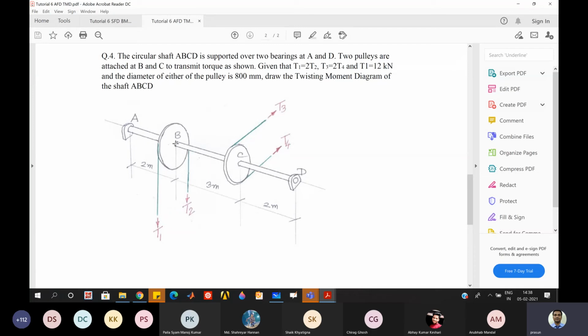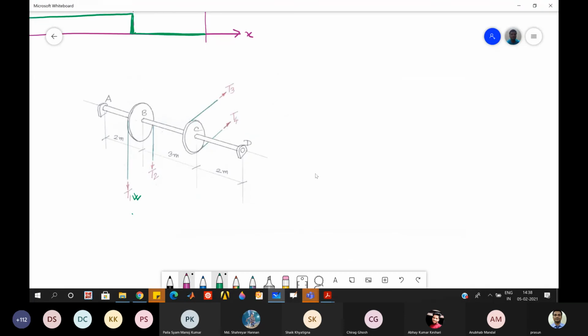So total torque is coming T1 times R minus T2 times R. Let me use the whiteboard. Here you can see T1 is 2T2, and because T1 is higher, the torque will be something like this.